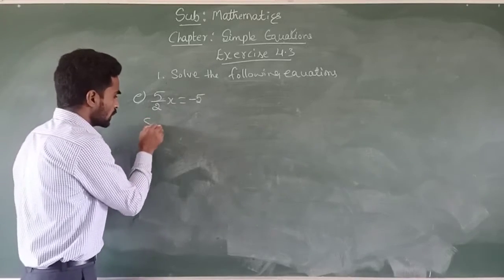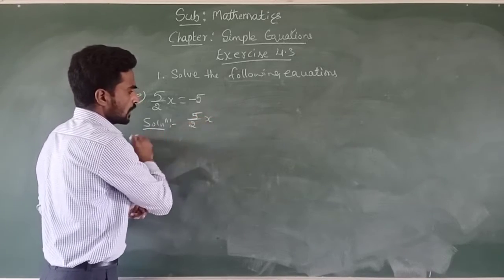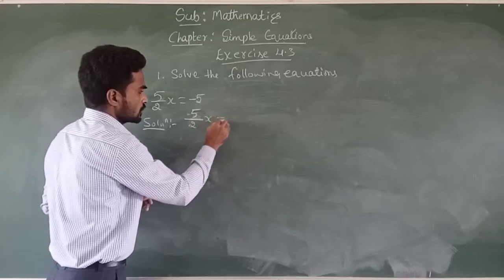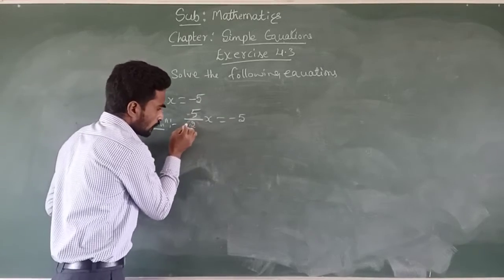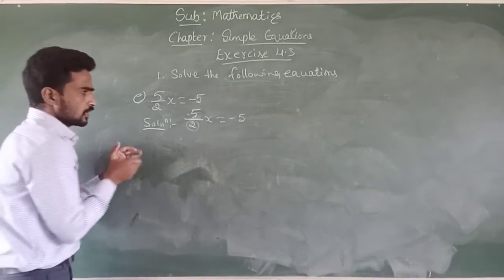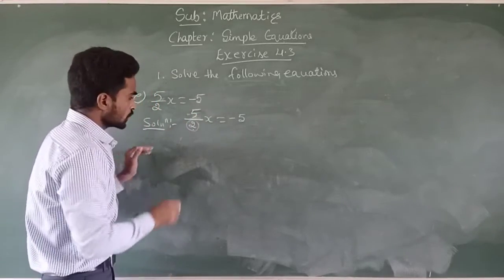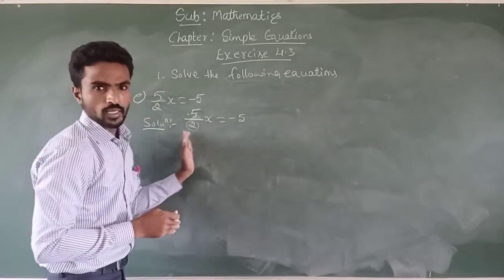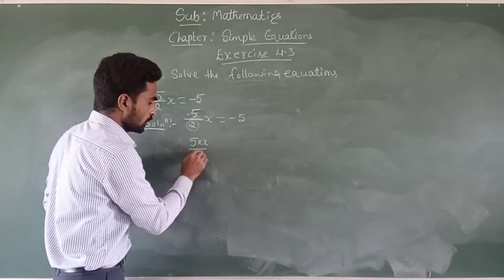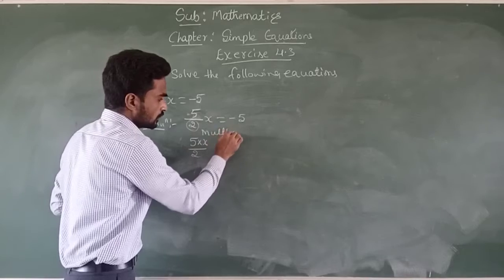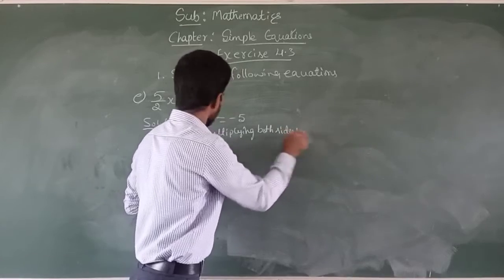Now consider the same equation, 5 divided by 2 x is equal to minus 5. Here 2 is in the denominator, and 5 and x are divided by the term 2, so for cancelling these 2 we can multiply both sides by 2.